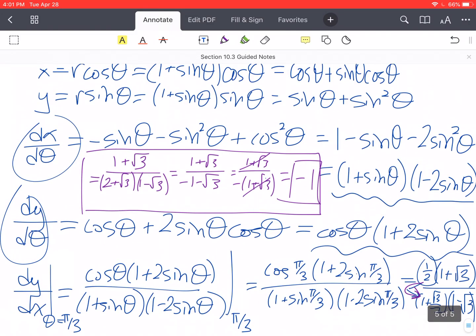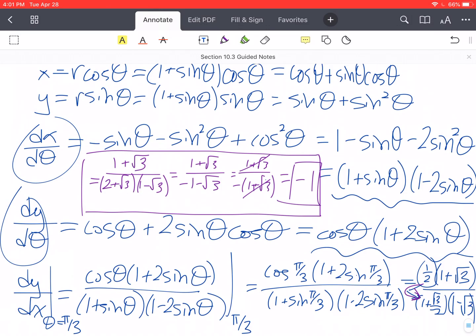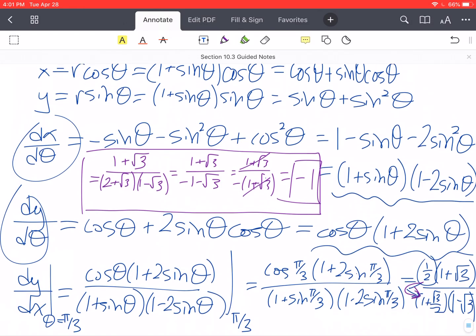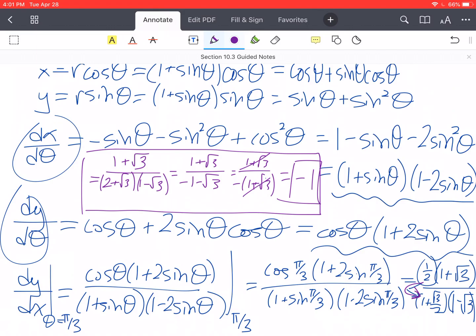So if you need to take a look, because obviously I'm out of space, we need to do part B. So if you need to take a screenshot of this or pause it, write all this down, do so, because I'm about to erase it, so you can go back and look in the video if you want to see this stuff again. But basically, just a reminder what we did. We found the x, we found the y, got their derivatives, plugged those into the formula here for dy dx, and then solved and got the slope to be negative 1.